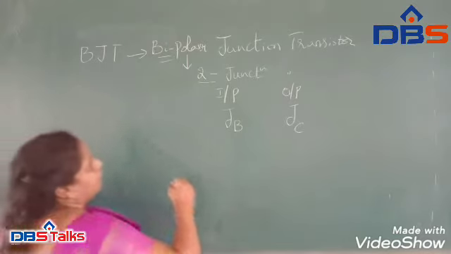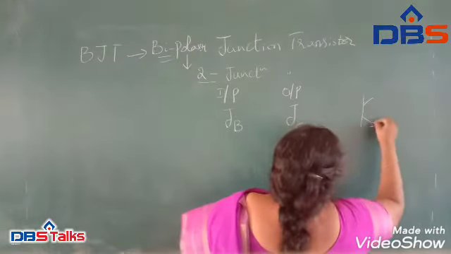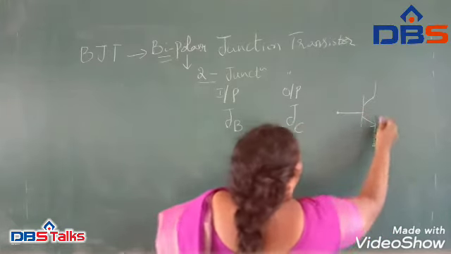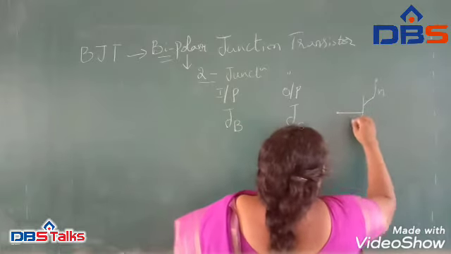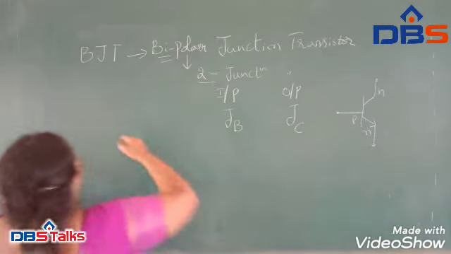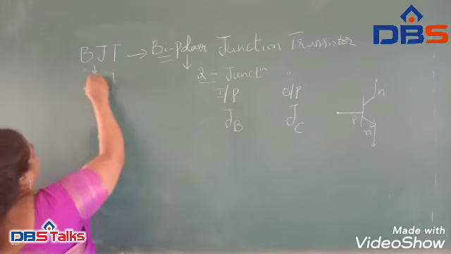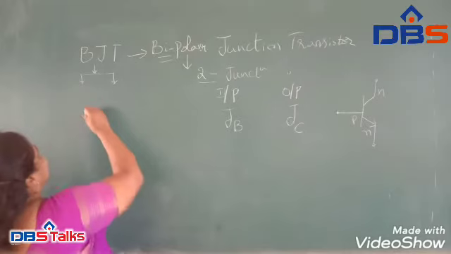Here I will simply take a diagram or representation of the transistor. It is the symbol of the NPN transistor. In the BJT transistor we have two types of transistors, as I already explained last class.